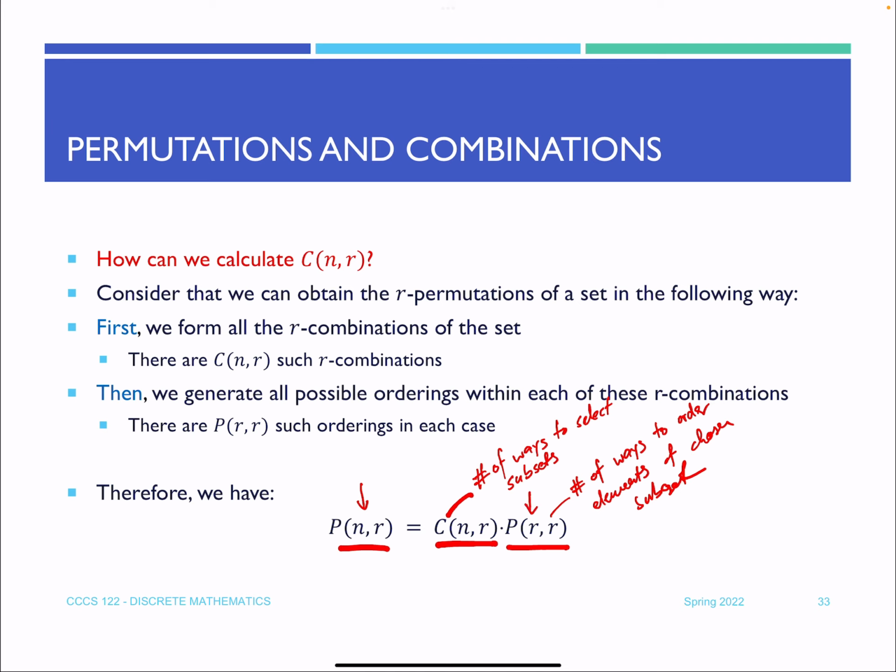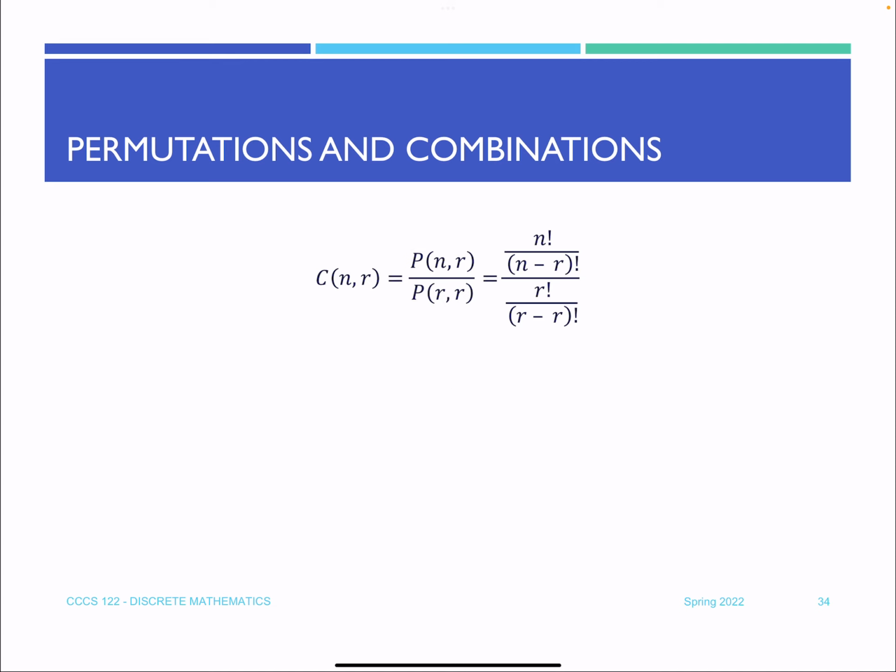We can use that to also find an expression for P(r, r). So if I rearrange these 3 terms and substitute the terms for P(r, r) and P(n, r), I can find myself an expression for C(n, r). Let's see how that works. So C(n, r) on one side, P(n, r) divided by P(r, r) on the other side.